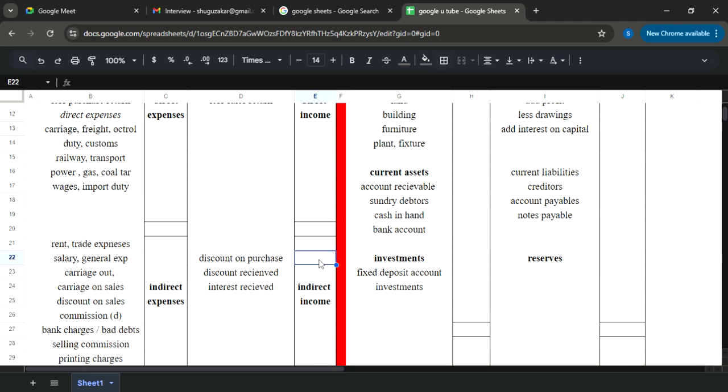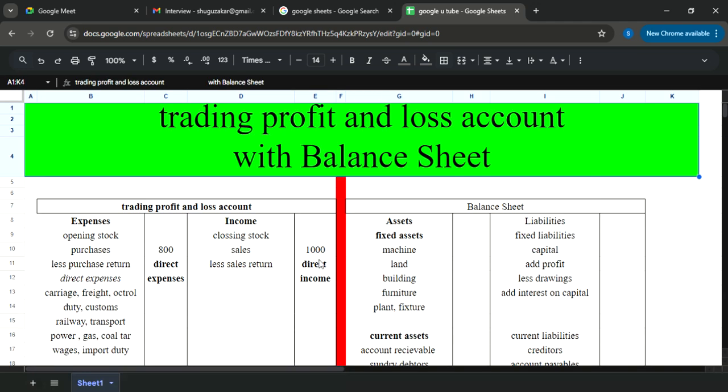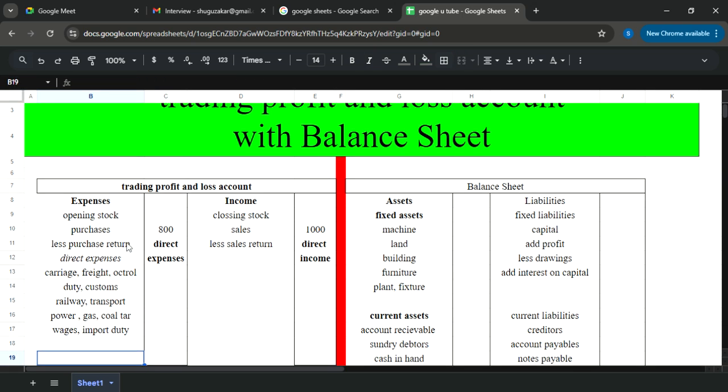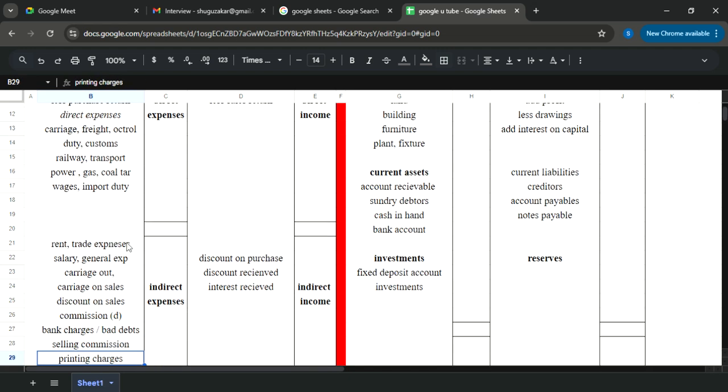So dear students, I am requesting you that for the time being, you will make this proforma in your copies. And further discussion we will be making later on. For the time being, you are responsible to make the trading profit and loss account on your left side and write down all these elements as they are written there.